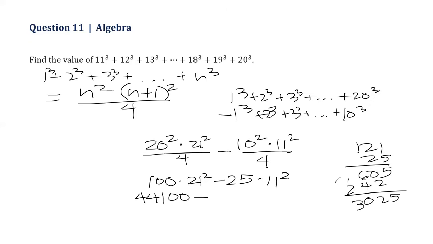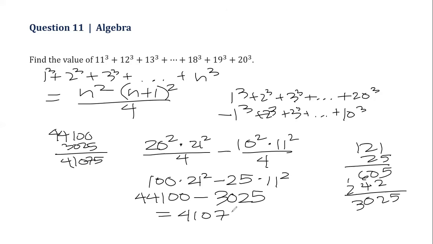So 100 times 441 is 44100, and 25 times 121 is 3025. Subtracting this, we should get 0. Okay. So this is our answer.